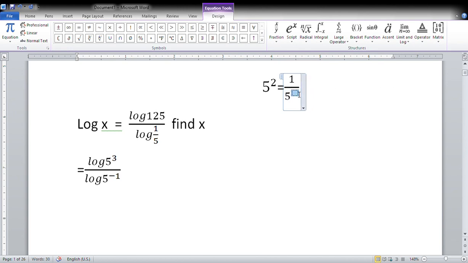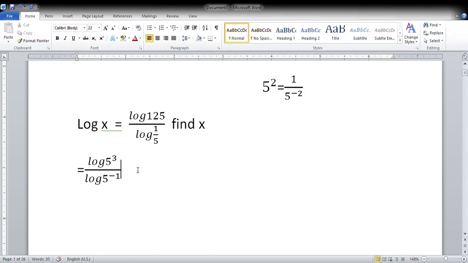If you reciprocate the number, you have to put a minus on the power part. Same thing is happening here: reciprocal 1 by 5 is 5 to the power minus 1, right?